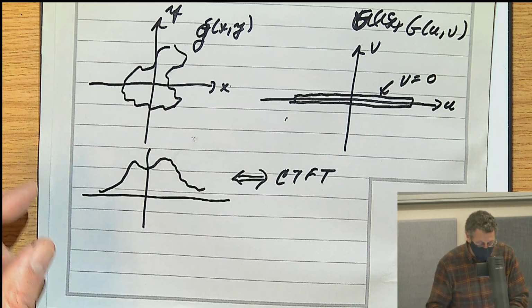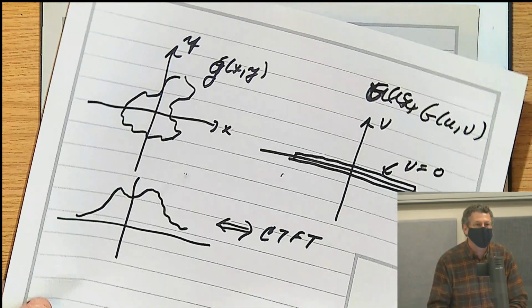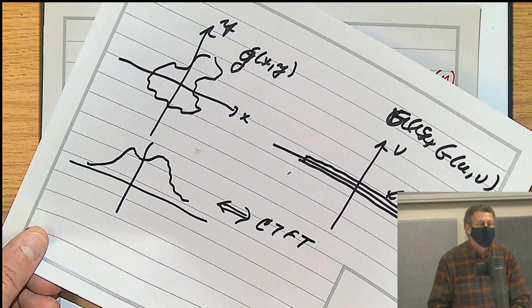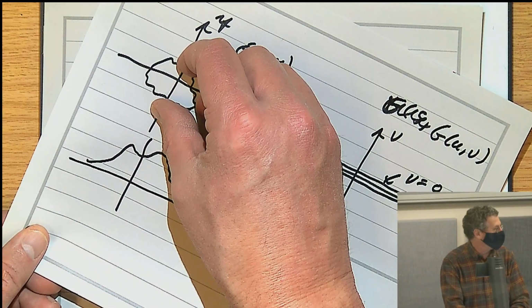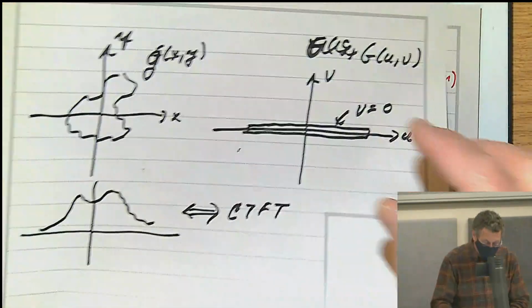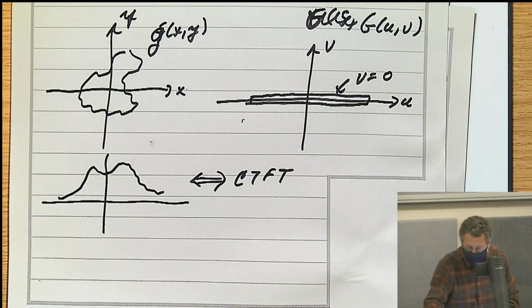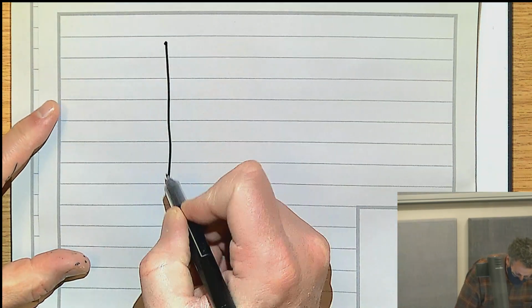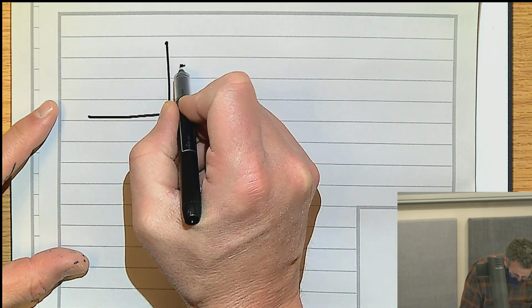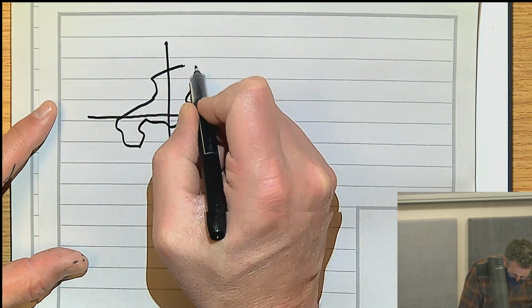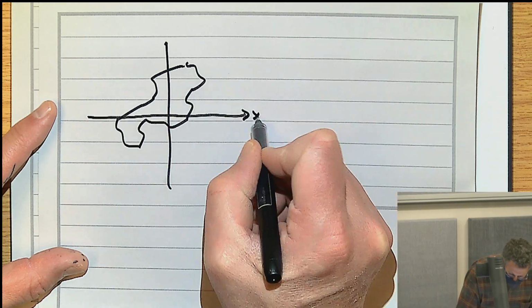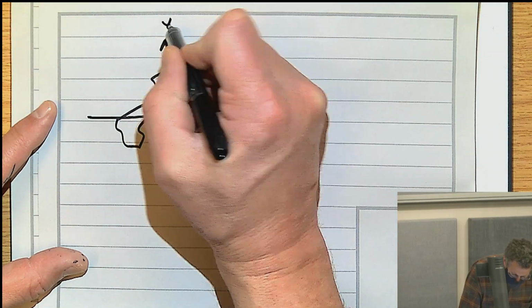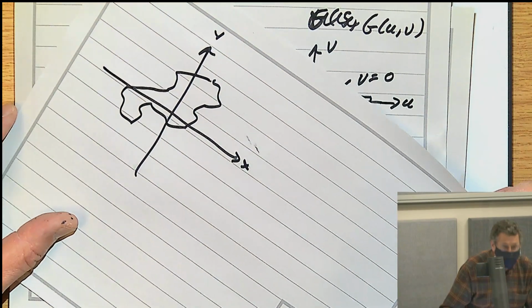Now what happens is that if I take the object and rotate it, well, this will rotate and that will rotate. So I'll now get the 2D Fourier transform along the tilted curve. So this is the object now, and this is X and Y, and then I rotate it like that.